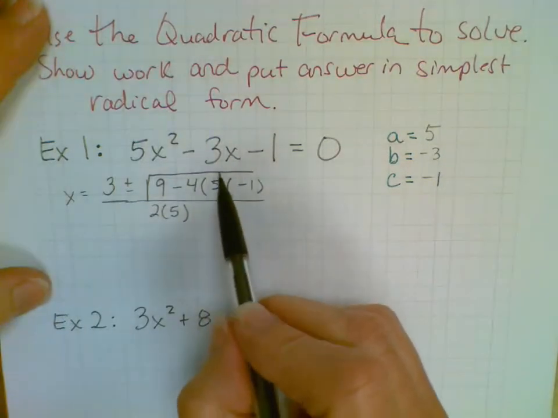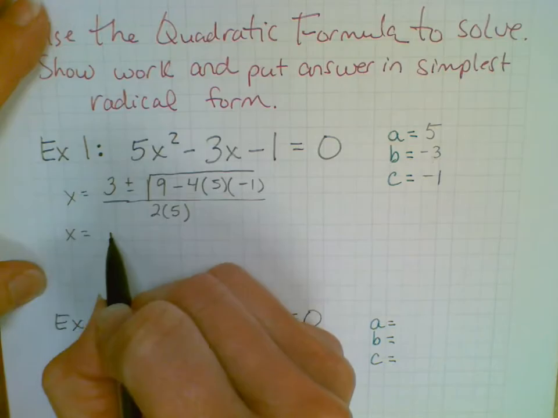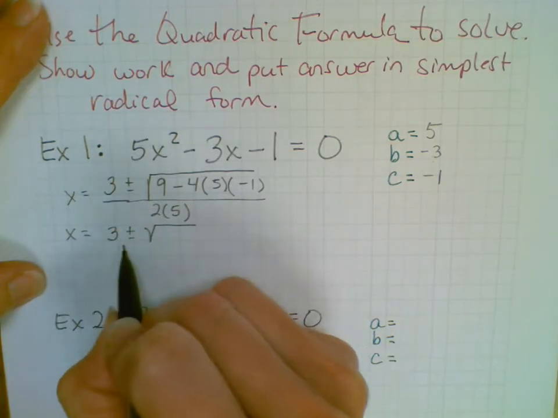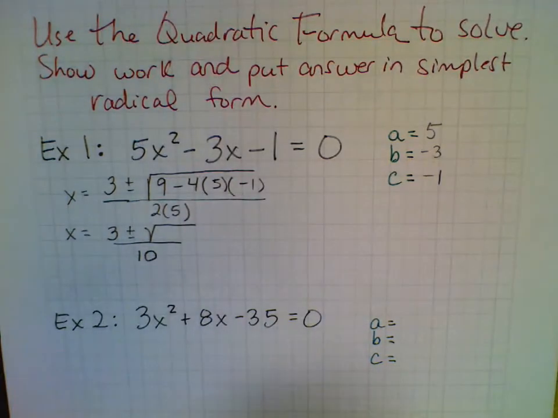Now the biggest part of this is what's under that radical, because this outside stuff is easy to simplify. But I need to do 9 minus 4 times 5 times -1.